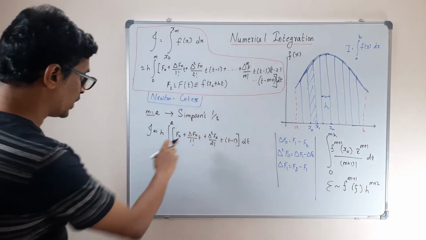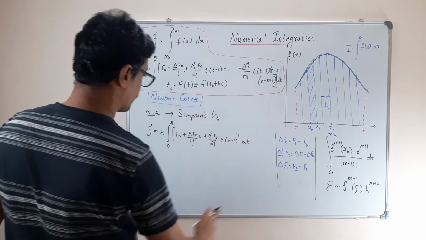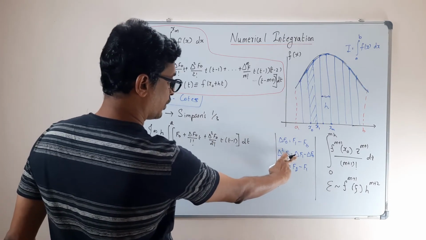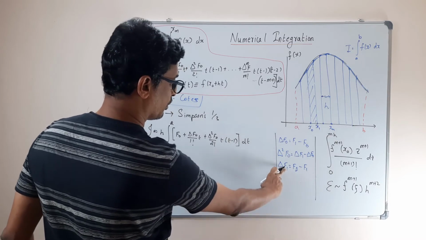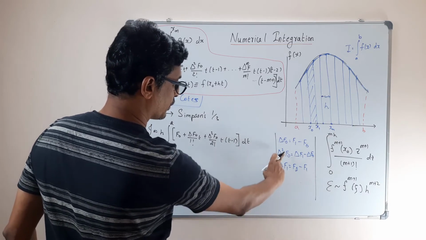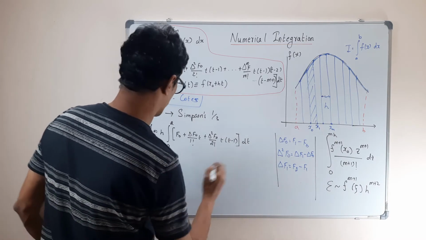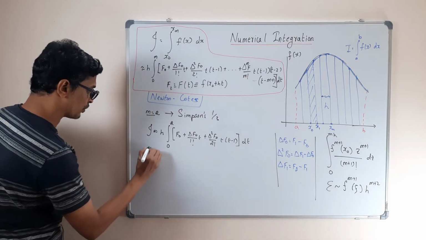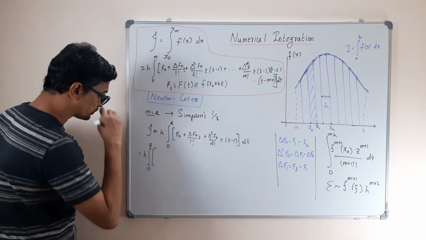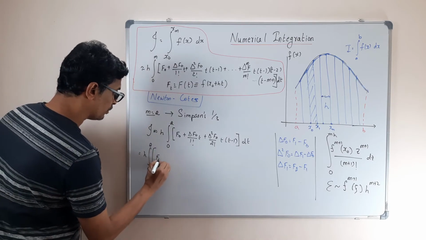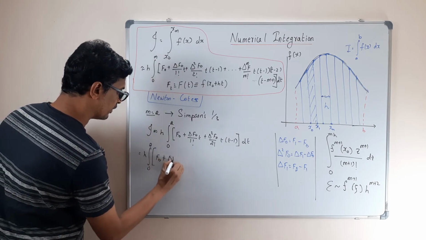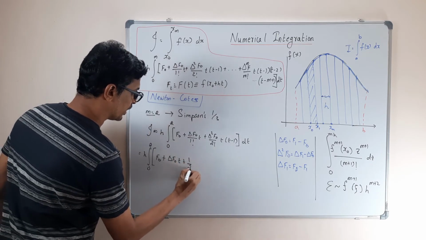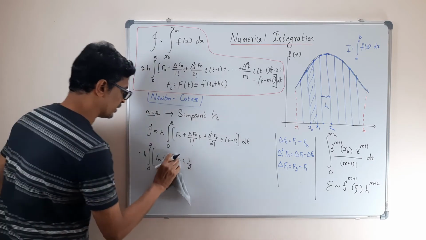So what is del f0? It is f1 minus f0, and del square f0 is equal to del f1 minus del f0. So let us put these in. This will be h into the integral from 0 to 2 of f0 plus del f0 times t plus 1 by 2 times del square f0.